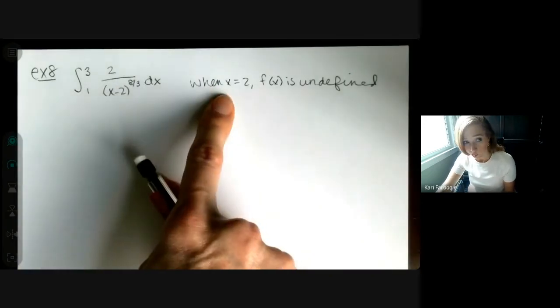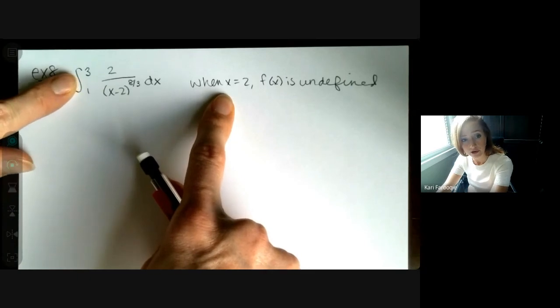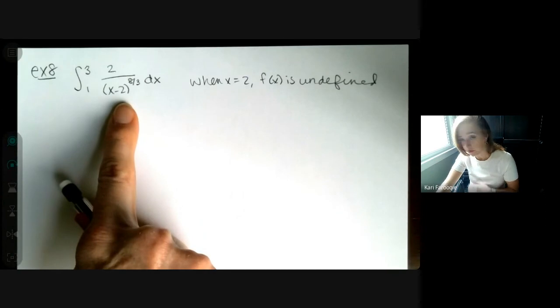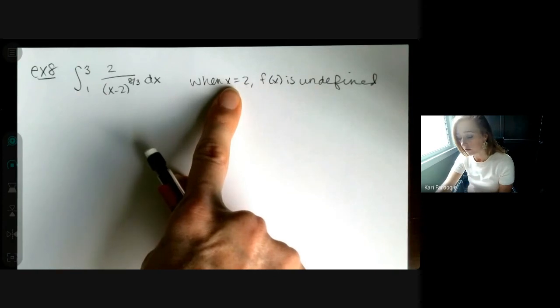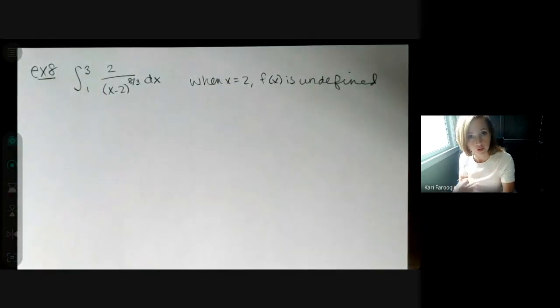It occurs at 2. But 2 is inside this interval. That's why it matters. So just because your function has an infinite discontinuity does not necessarily mean it's an improper integral. It's really important to check and verify that that infinite discontinuity is somewhere in between or at one of the endpoints of your limits of integration.